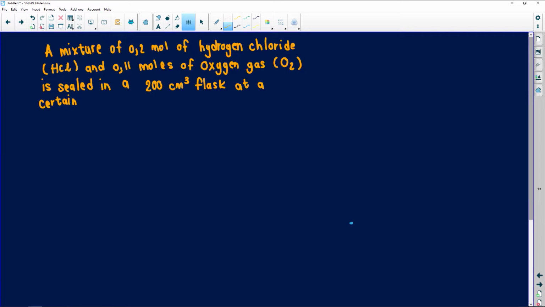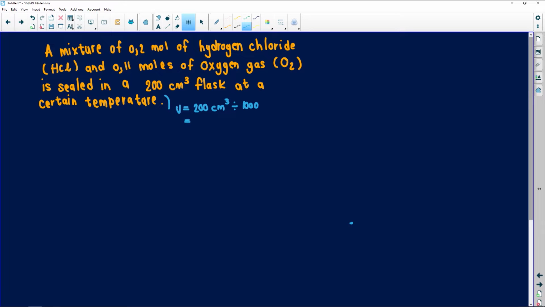At a certain temperature. Now, Njabulo, I can see why this question might have given you a problem when you look at the memos, because maybe somewhere you forgot to convert this. Remember, if your volume is 200 cubic centimeters, to move it to cubic decimeters, you divide by 1,000.